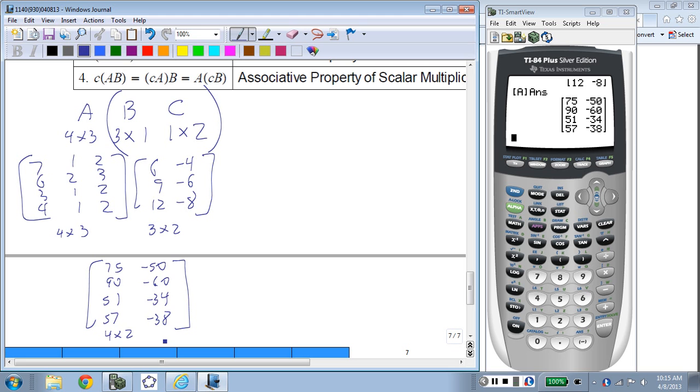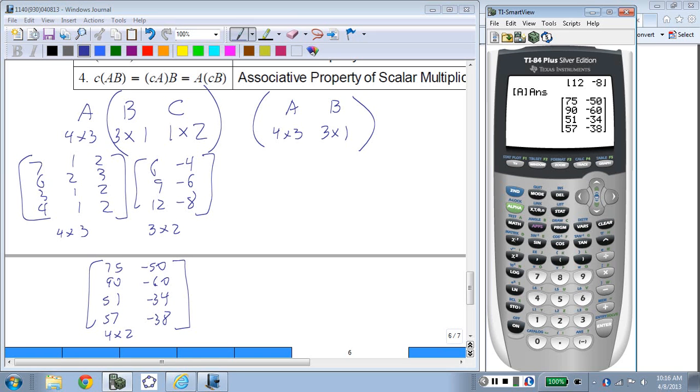Okay. In the spirit of trying to show that matrix multiplication is associative, let's do this. Let's take A, which is a 4 by 3 matrix, and have the calculator multiply by B, which is a 3 by 1 matrix. Second matrix A, second matrix B, and it gets this.